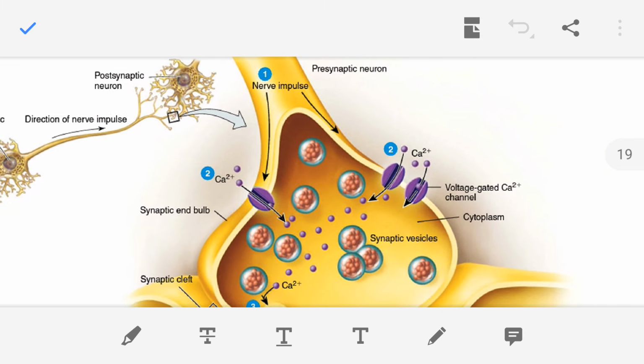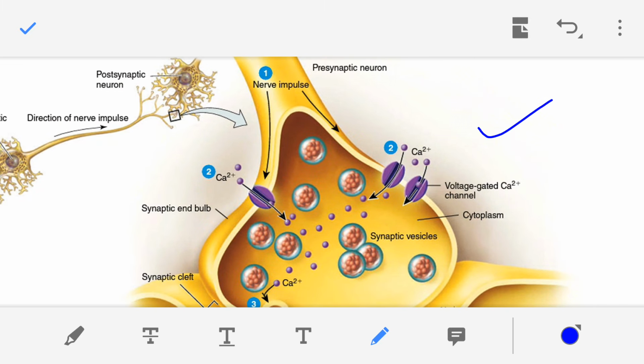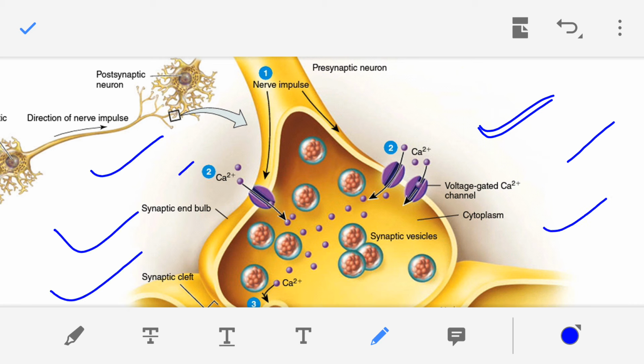Now here the fluid is present, and this fluid is known as extracellular fluid, and in this extracellular fluid Ca2+ ions are present in good concentration. So the concentration of calcium ions is very high in extracellular fluid.